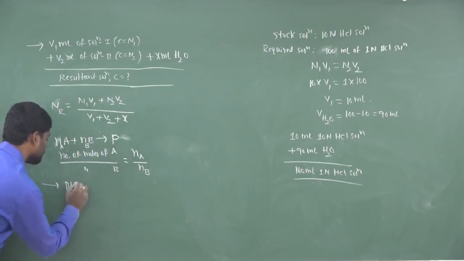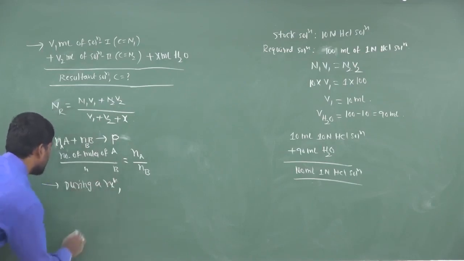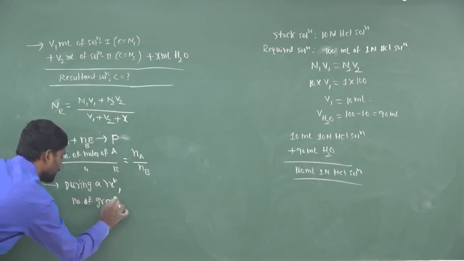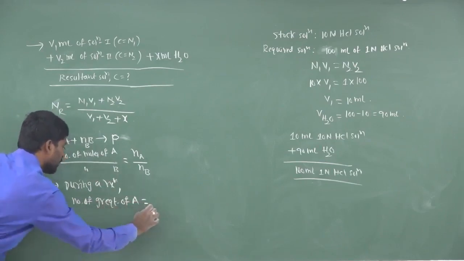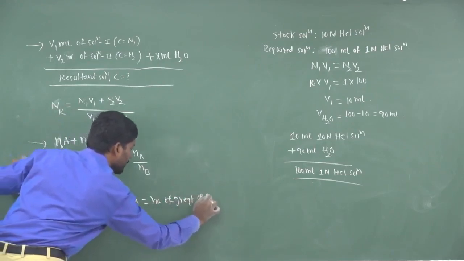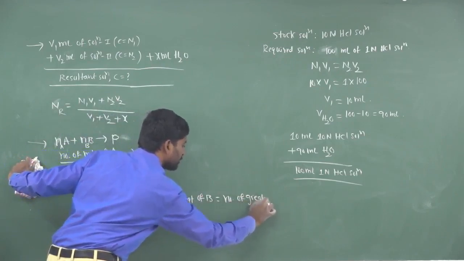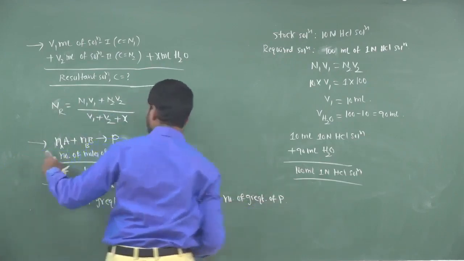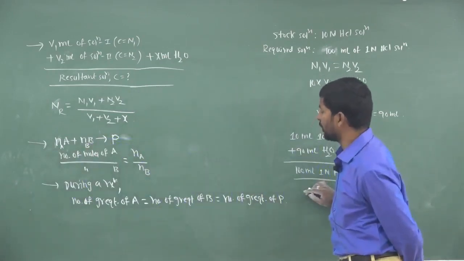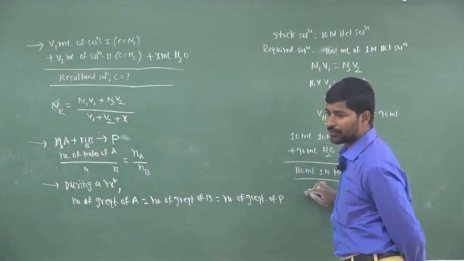During the above reaction, the number of gram equivalents of A is equal to the number of gram equivalents of B, which is equal to the number of gram equivalents of product P.